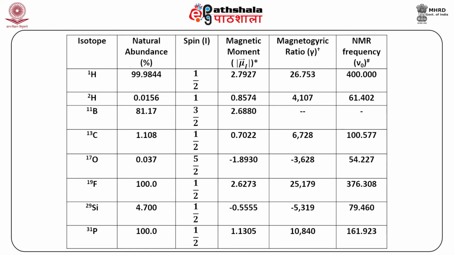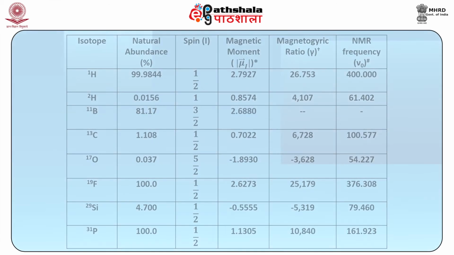Frequency in a field of 9.39 Tesla is also different, and you also have many other magnetic nuclei like 11 boron, you have carbon 13, you have 17 oxygen, 19 fluorine, and you also have silicon and phosphorus, and all of these will show NMR spectra, but at different frequencies.